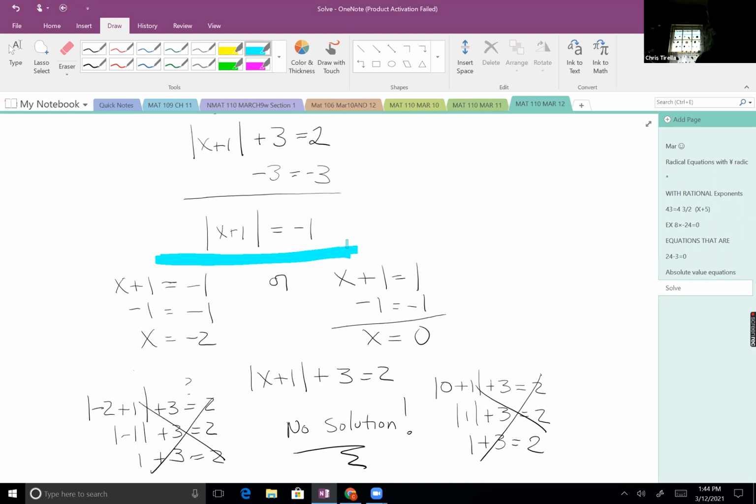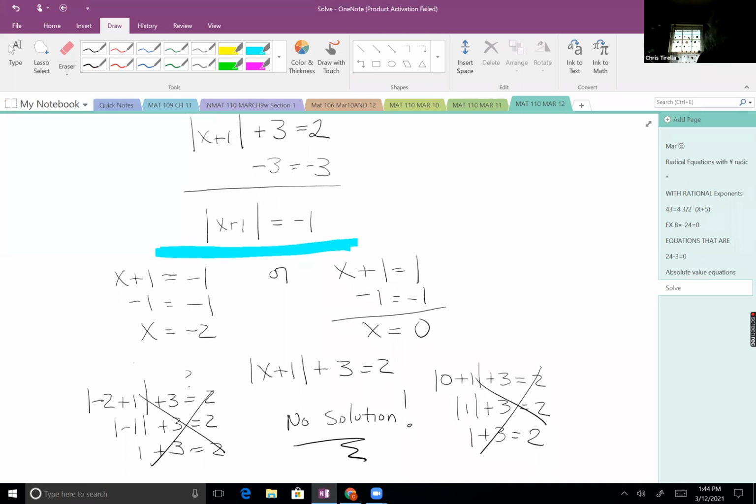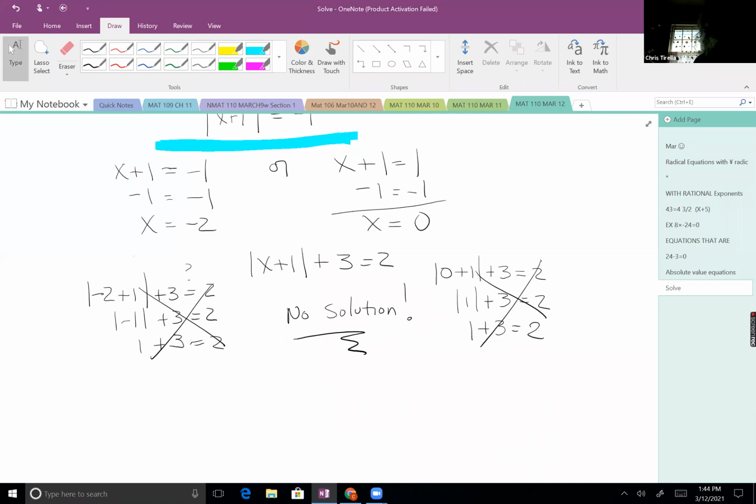By definition, will absolute value ever equal a negative? No, absolute value is always positive. So at that stage I probably could have stopped and said, no, this isn't going to work. But there's no harm in working it all the way through and showing with the check that it doesn't work.